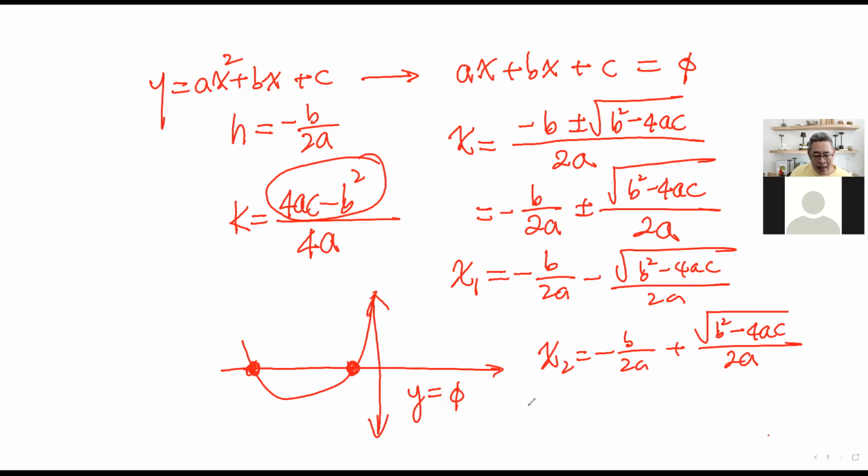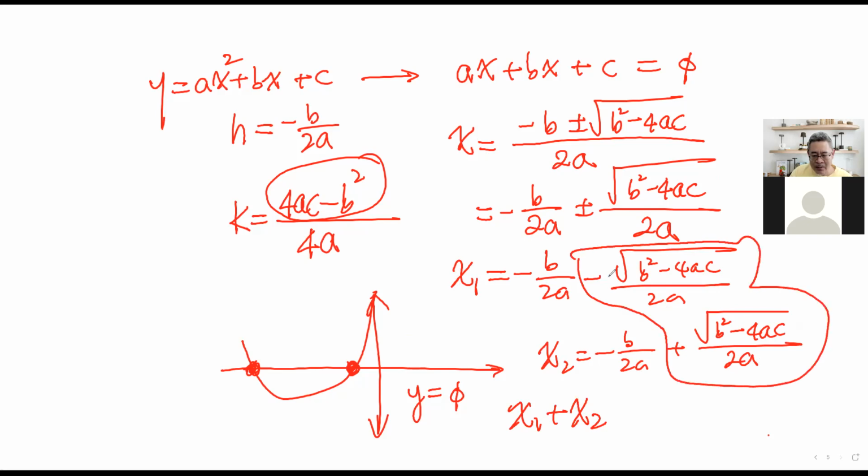Now, if we add x1 plus x2, this term gets canceled, right? One is negative, one is positive. That equals minus b over a. If you take the average, we divide by 2, and that gives you negative b over 2a. So this is exactly our vertex point.